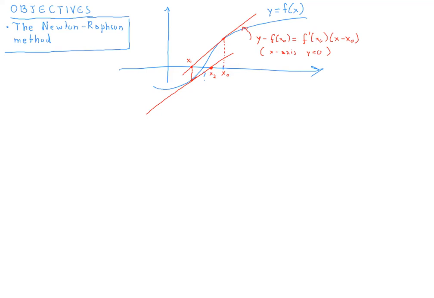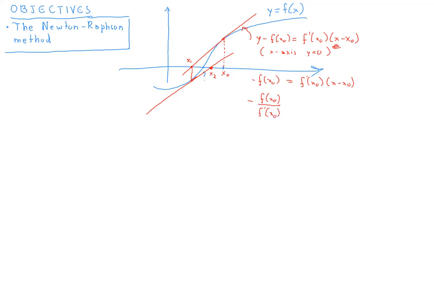So if in the above equation, the equation of the tangent, we set y equal to 0 and try to solve for x, isolate x in order to see where it intersects the x-axis, here's what we're going to get. Minus f of x naught is equal to f prime at x naught times x minus x naught. And we're going to get, assuming that the derivative is non-zero, which is a pretty mild assumption.